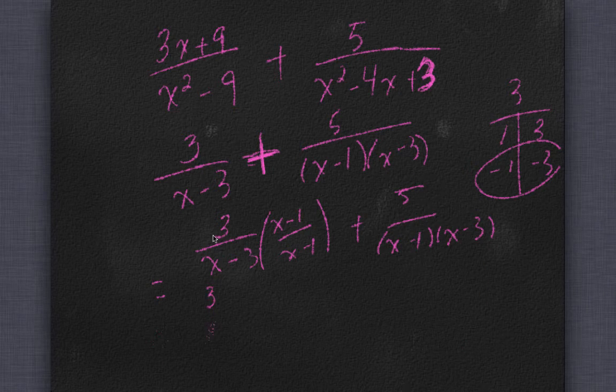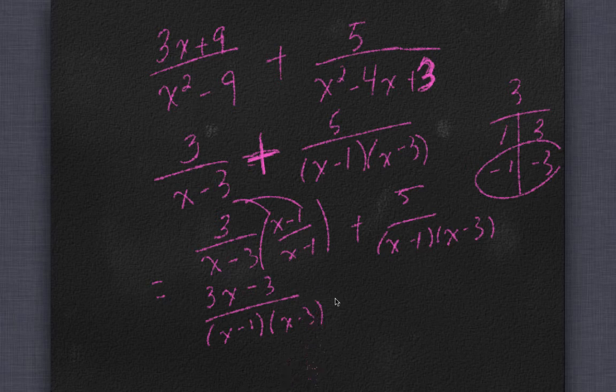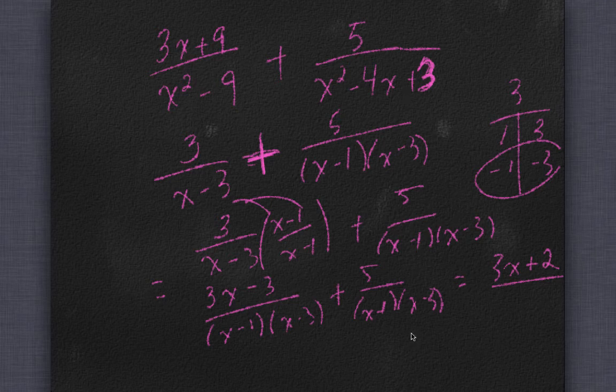So this is distributing 3x minus 3, so 3x minus 3 plus 5. And if you want, you can turn it back into that, or you can leave it factored.